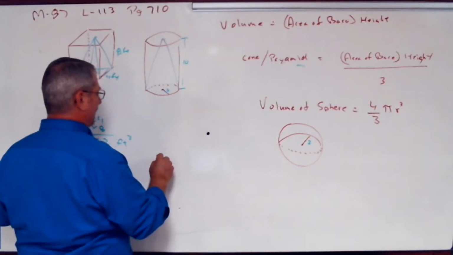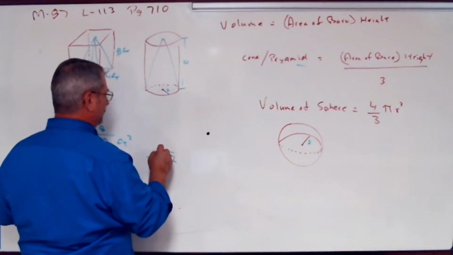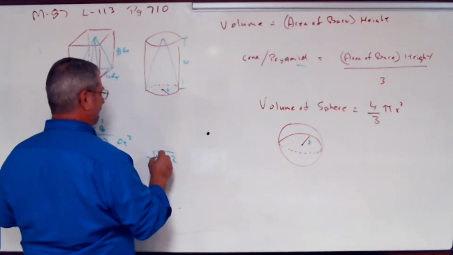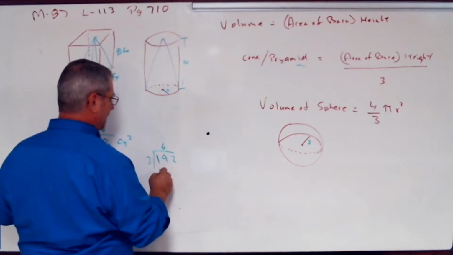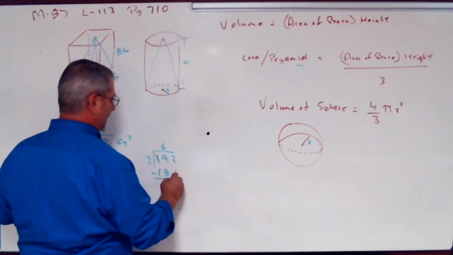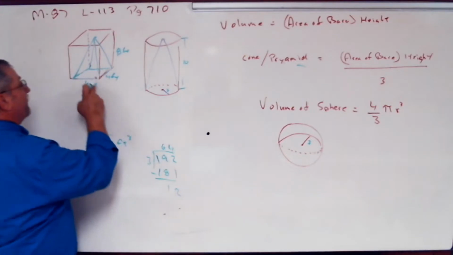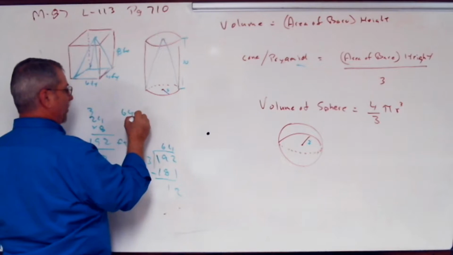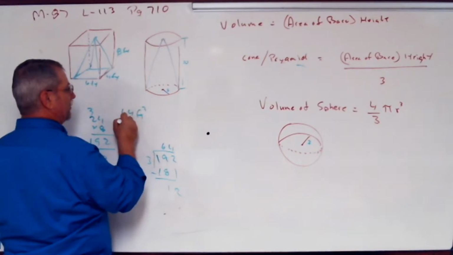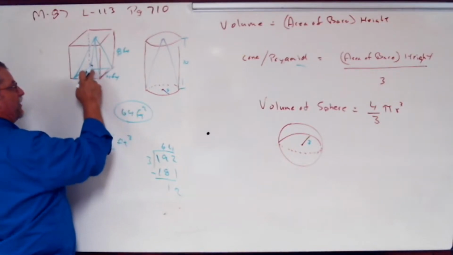You've got 192 divided by 3. 3 goes into 19 6 times, 6 times 3 is 18. Subtract, 1, bring down the 2, 12. 3 goes into 12, 4 times. So the pyramid is 64. It's still feet cubed.